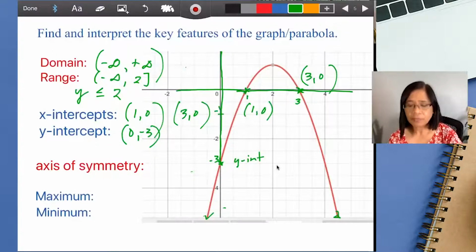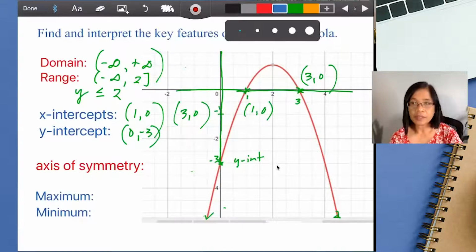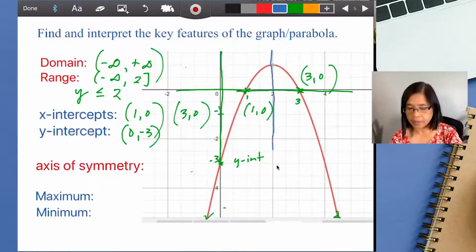Then let's find the axis of symmetry. To find the axis of symmetry, we're going to find the line that divides the graph into two equal parts. Each part is a mirror image of the other.